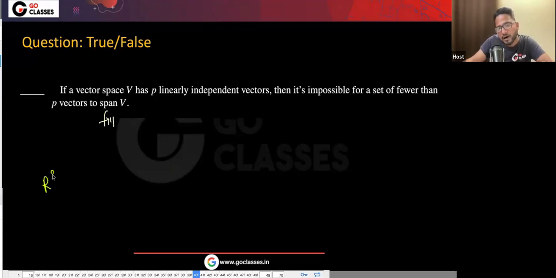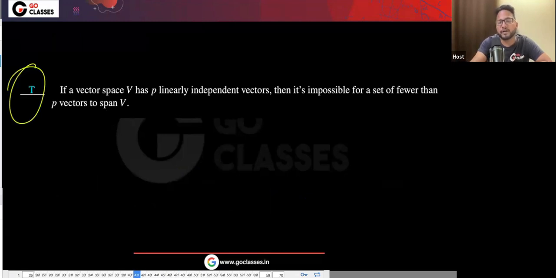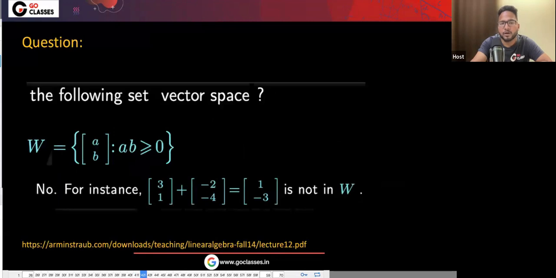So for example, R3 has three linearly independent vectors and cannot be filled with two vectors. Actually, there is nothing new in this vector space. You have already dealt with this vector space, but it is just that the name was not there at that time.